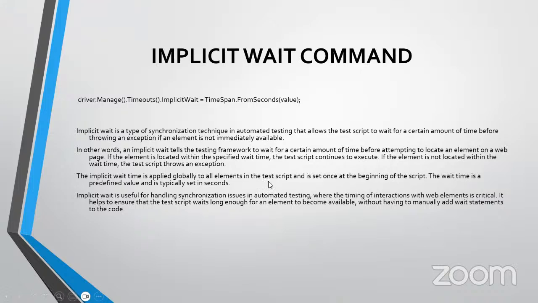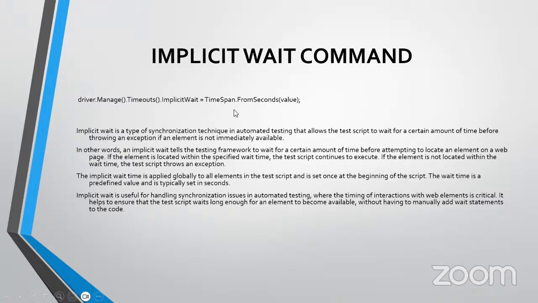But with implicit wait, when you put in your value, for instance 5 seconds, and the driver identifies the web element on the page, it is going to close. It won't wait for the whole 5 seconds you have put in the value to run the code. So that's what makes the difference.